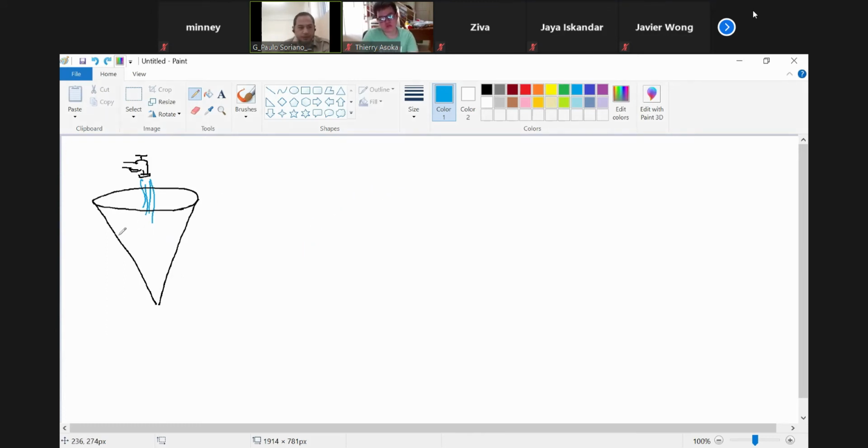Now, as this fills in, obviously we have several components that change. The depth or the height of the water, H, and some given information. The height of the container from top to bottom is 12 centimeters. And the radius of the top of the container is 4 centimeters.